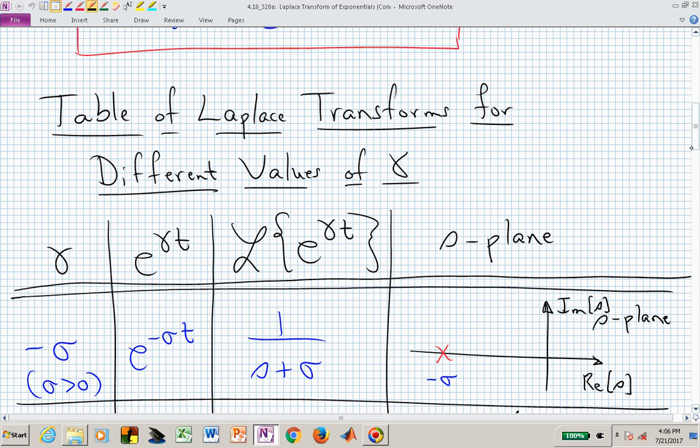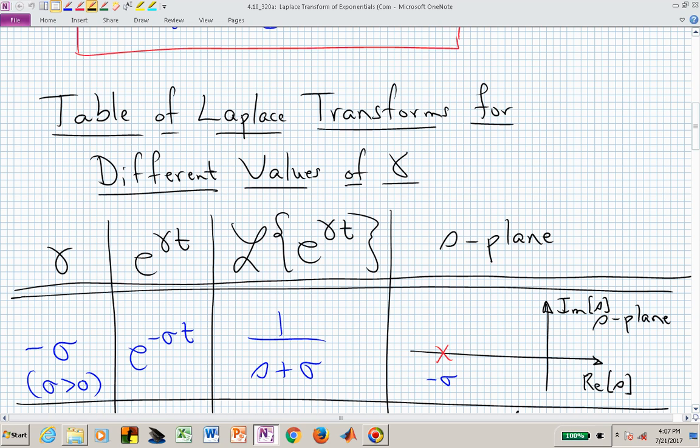And not only do we want to think about the time domain, the second column, e to the minus sigma t, that's a decaying exponential in the time domain. The third column gives us the transform connected to that time domain waveform. So now we're running back and forth between our time domain location and our frequency domain location.